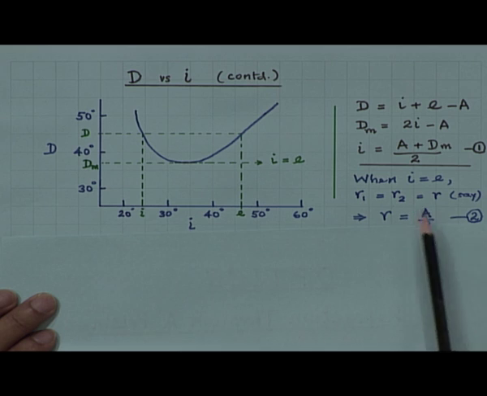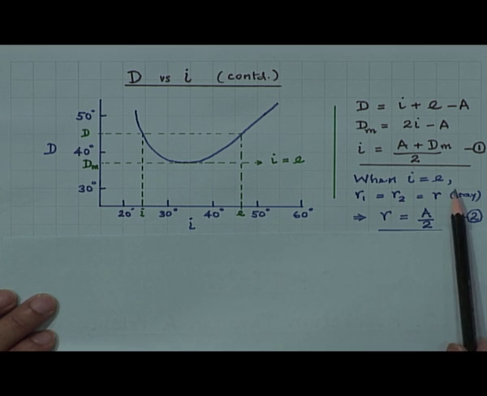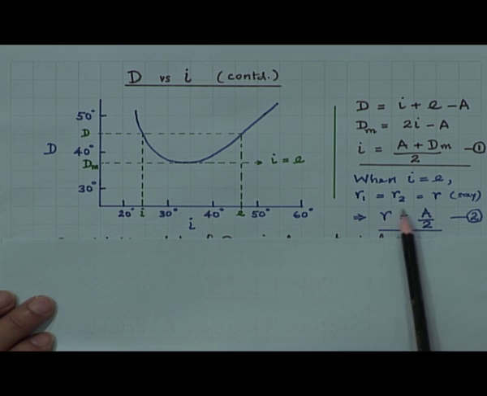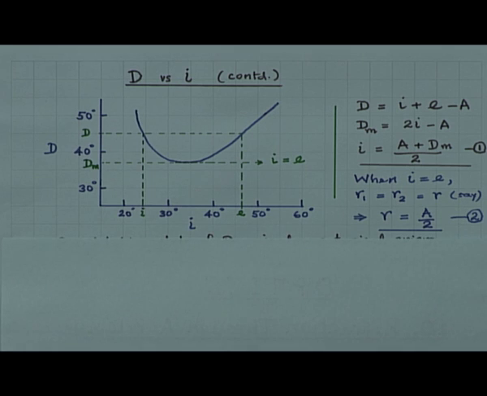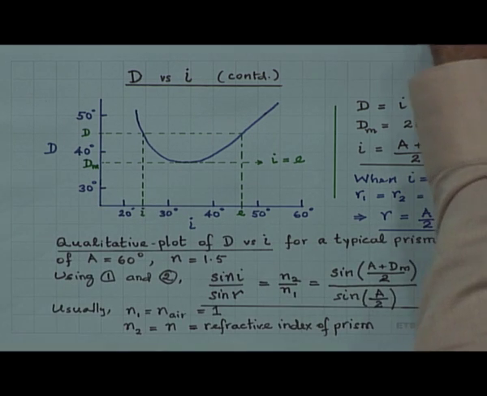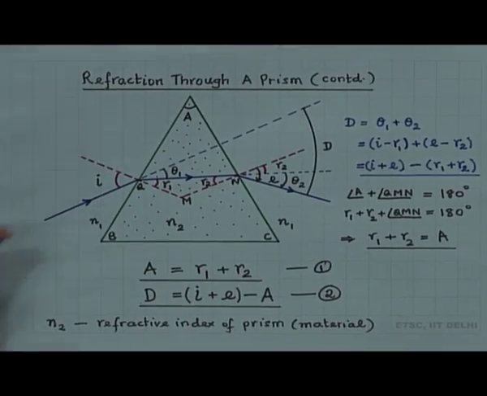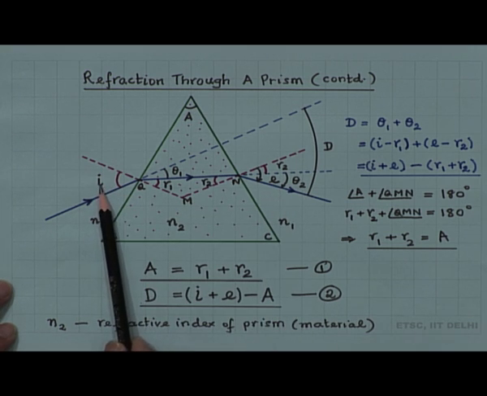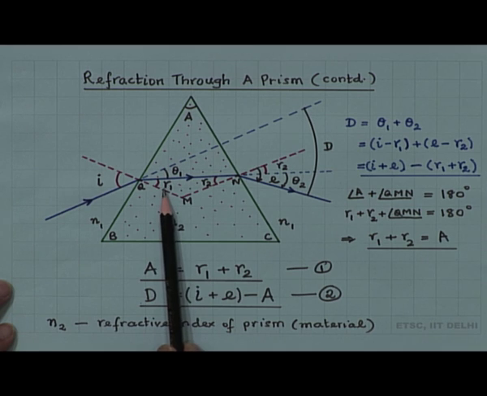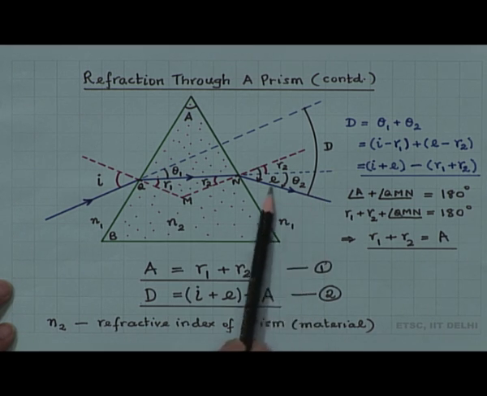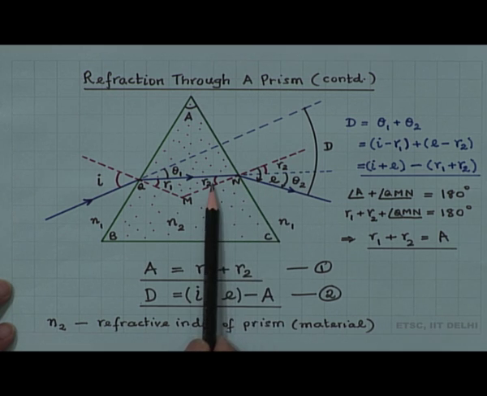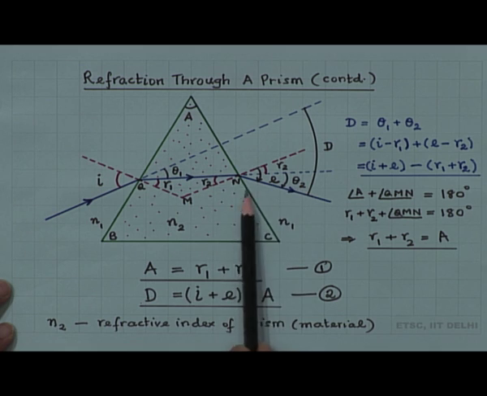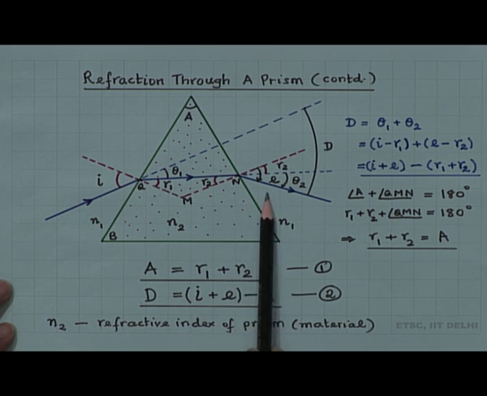Now let us look at when I is equal to E: R1 is equal to R2, which is equal to R. If we look at the diagram here, when I is equal to E, an angle of incidence I gives an angle of refraction R1, then an angle of incidence from this side, which is E, will also give the same angle of refraction R2, equal to R1, because the refractive indices are the same, N1 and N2.